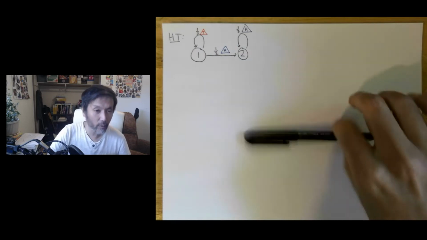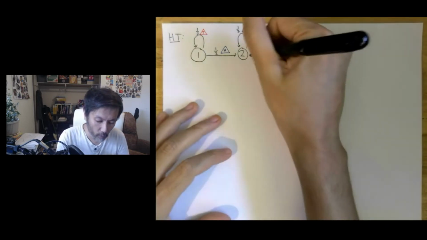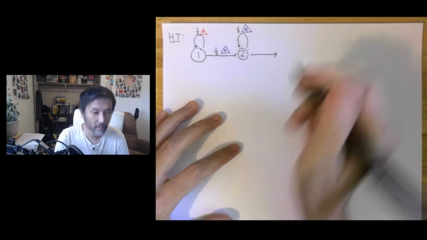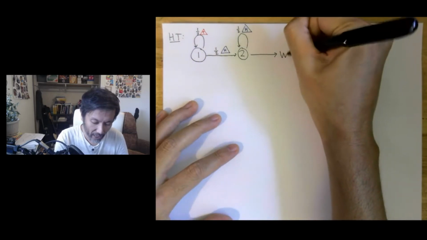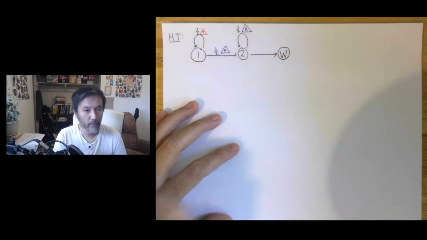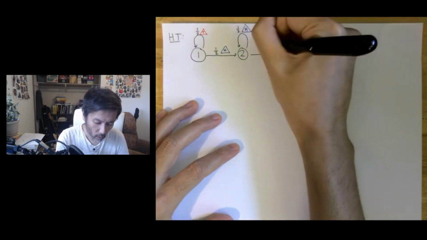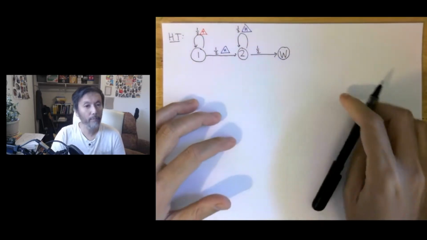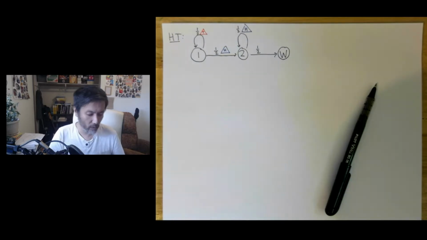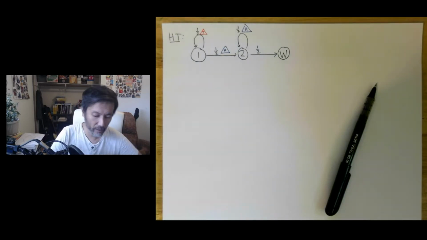And that's exactly what this state represents. We're going to have one more state, which is the winning state, which I'm going to call W. And this happens from state 2, 1/2 of the time. And of course, that's represented by when we flip tails.